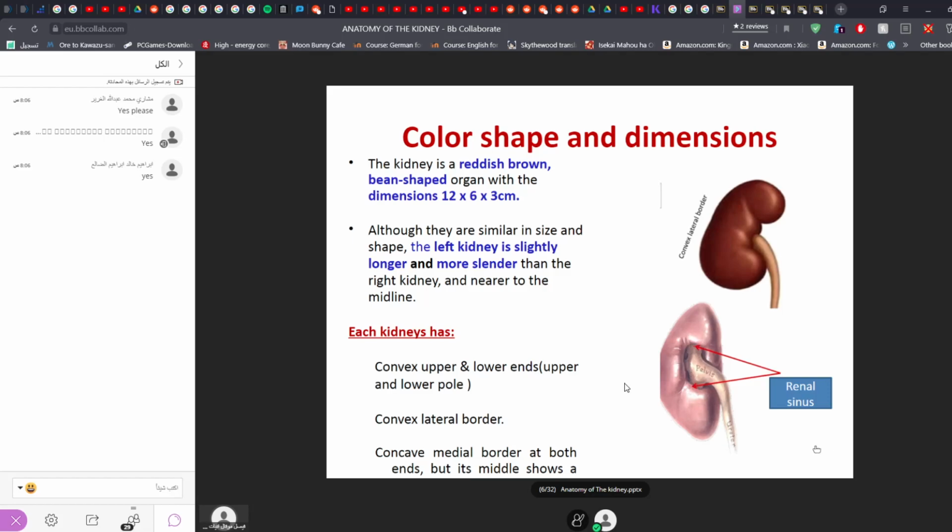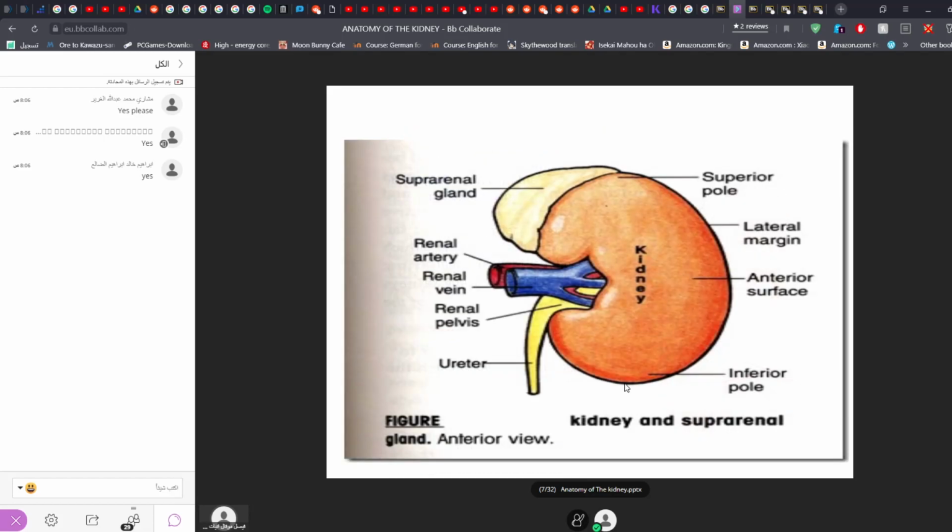Let us see another picture. Here you can see the upper pole, the lower or inferior pole, the lateral margin or lateral border, and the medial border, which has a depression from which structures are entering and leaving the kidney.